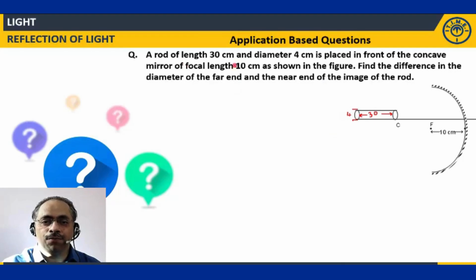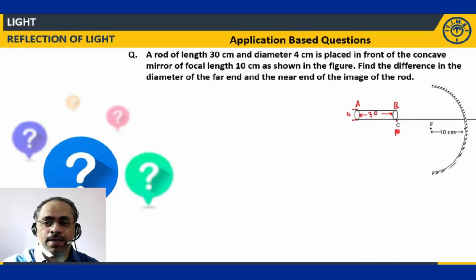In front of a concave mirror of focal length 10. Find the difference in the diameter of the far end. So let me note down the two ends of the rod over here. Let me write them as A and B. The end B of the rod is located at point C. So where does the image of B form?